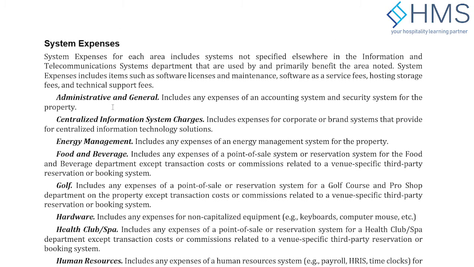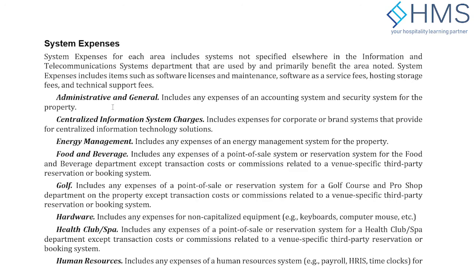It means the software you are using, the hardware you are using, the hosting charges, software as a service, licenses, and maintenance charges will be recorded in these system expenses, and it's categorized by the department that is using those services.